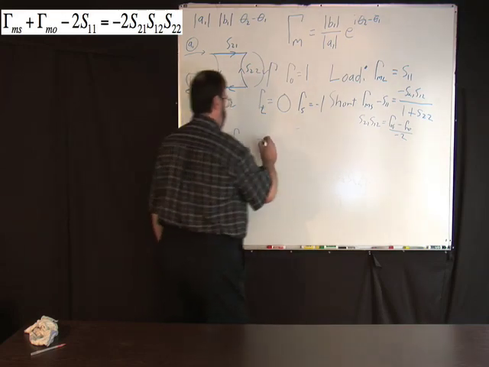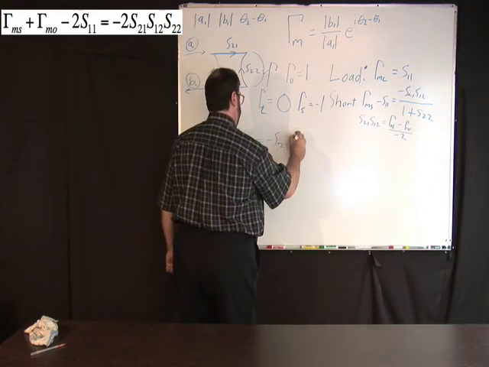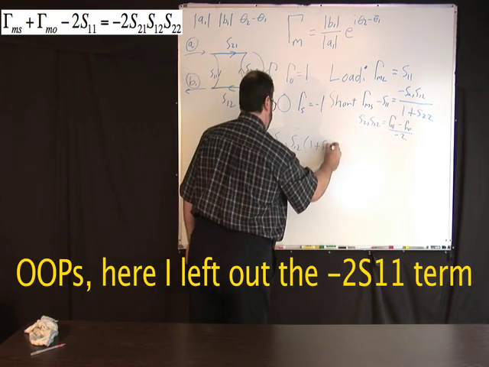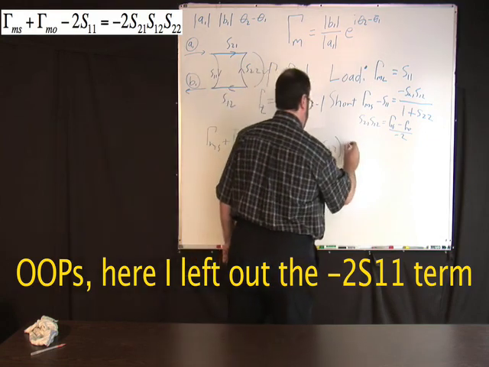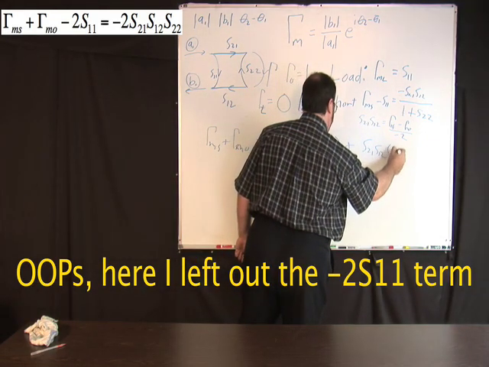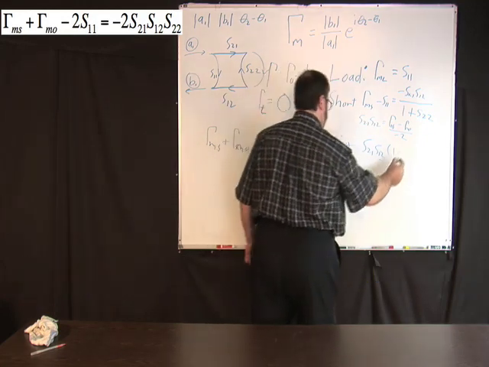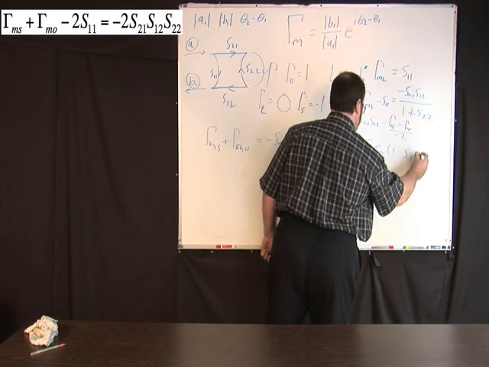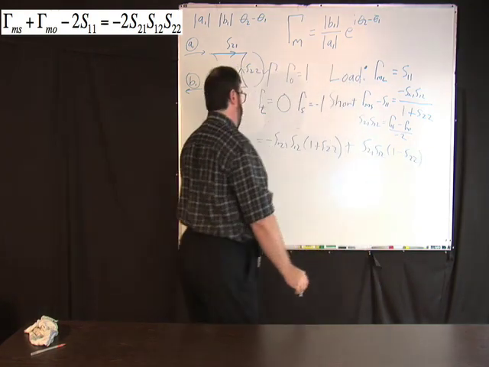This is going to be minus S21 S12 times 1 plus S22 plus S21 S12 times 1 minus S22.